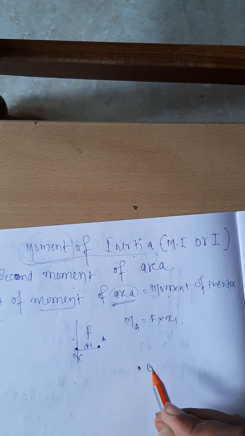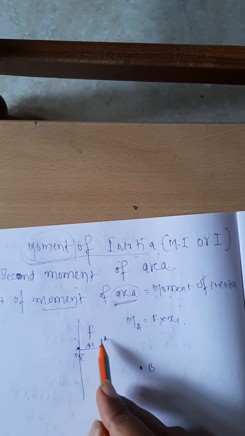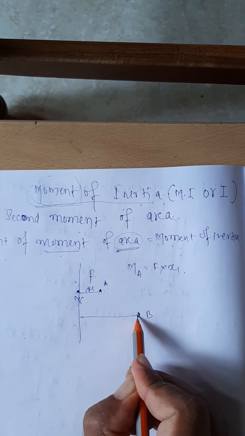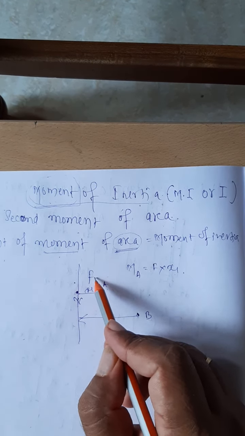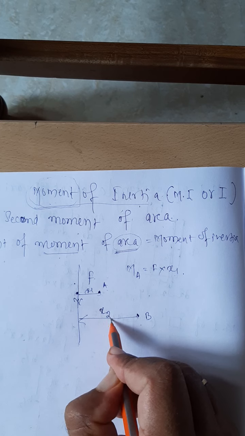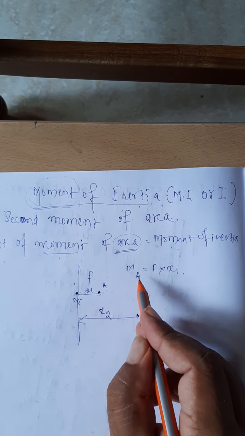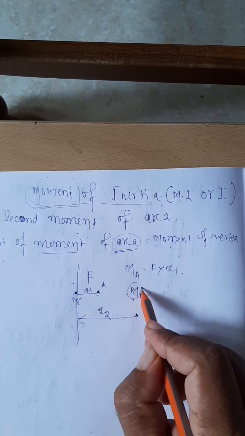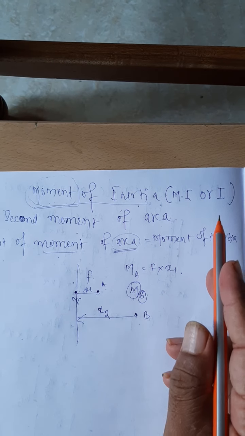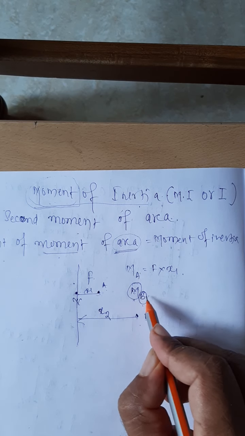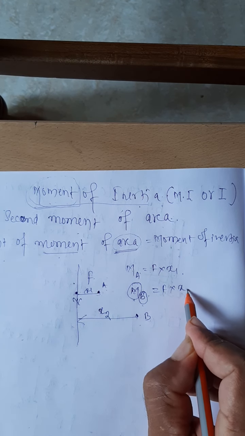The same force's moment about another point B is different, because I need to use a different distance. Moment about B is equal to F multiplied by x2.